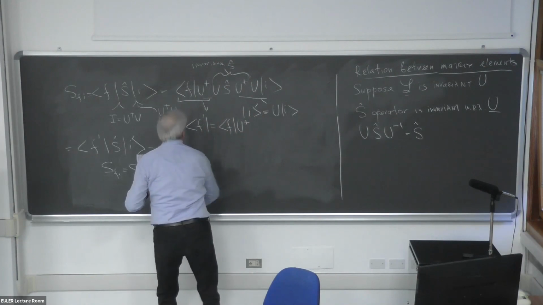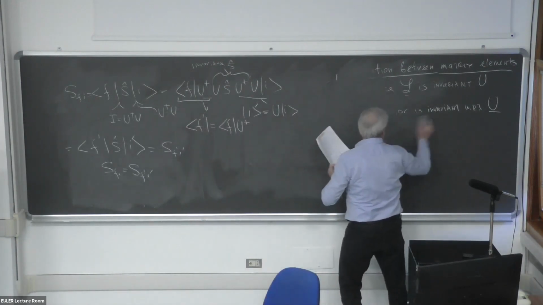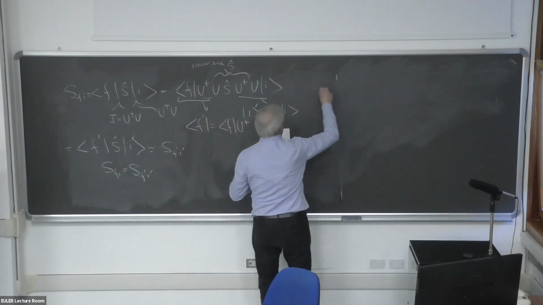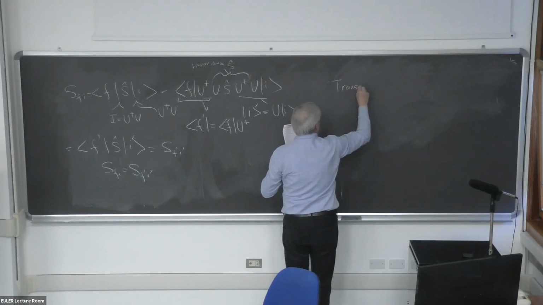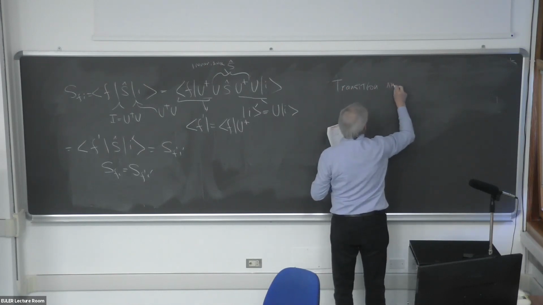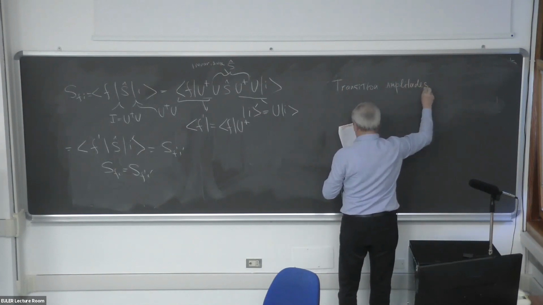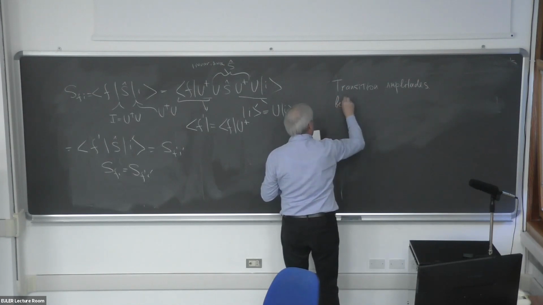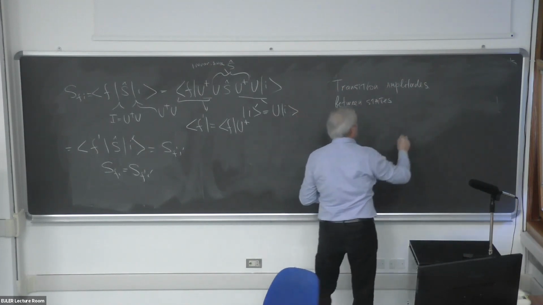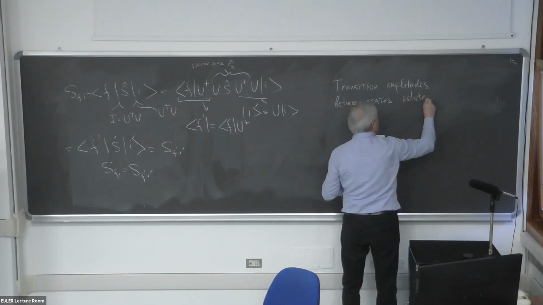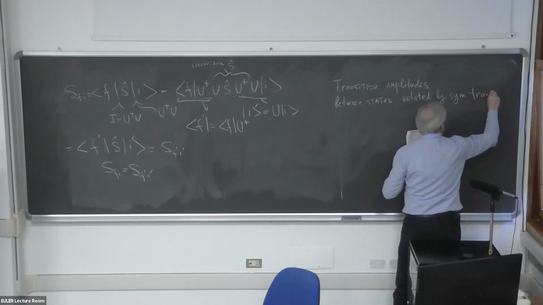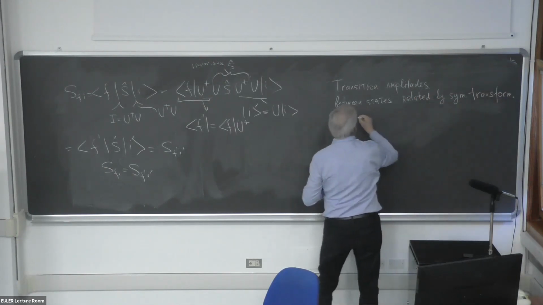So let me write it explicitly. We come to an important conclusion: that transition amplitudes, and these matrix elements are giving us transition amplitudes, between states related by symmetry transformations are equal.